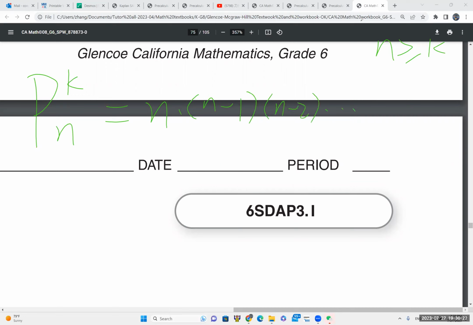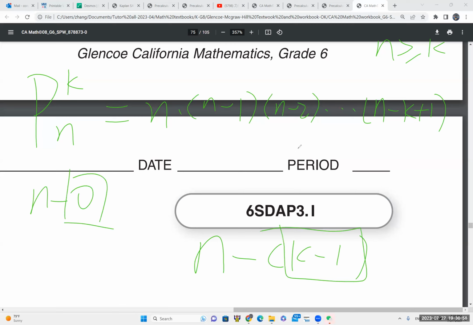Keep going to which one? Because you take k, here is n minus k plus 1. That means from 0 to k minus 1, so it's k terms, right? So you say this n you can take as n minus 0.